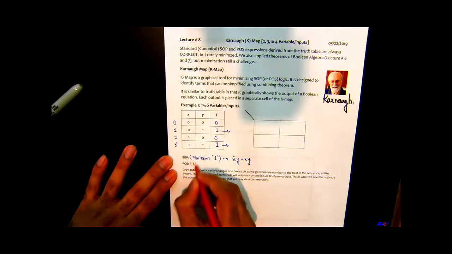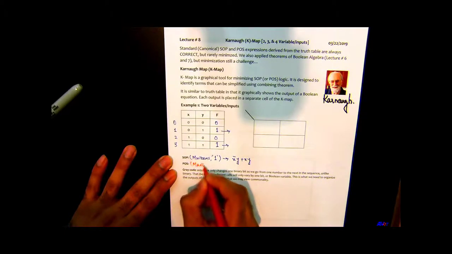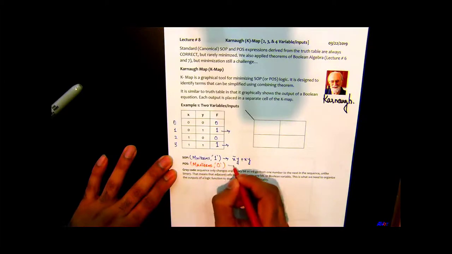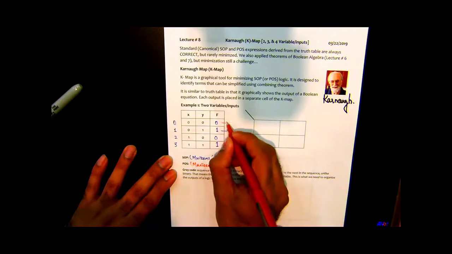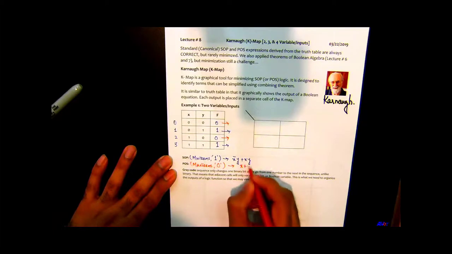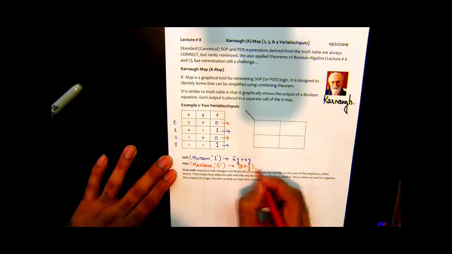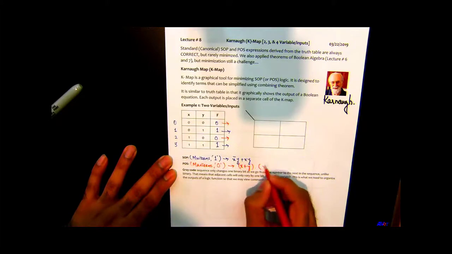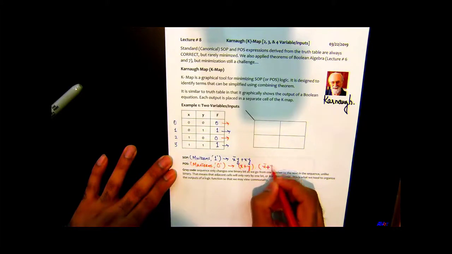For the POS, we look at max terms. So we look at zeros in the truth table, which are this and this right here. The expression for that would be x plus y, and ending with this right here, x bar dot y.